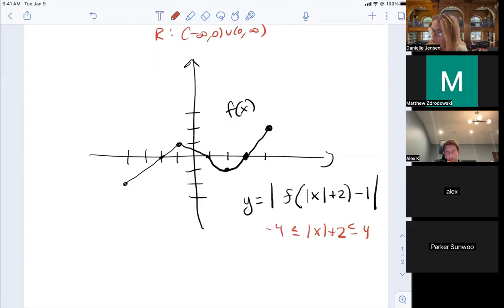So if I go left 2, and I'm looking like this, right? Why am I gonna stop right now? Or why is it okay if I stop there? Because you got the absolute value.